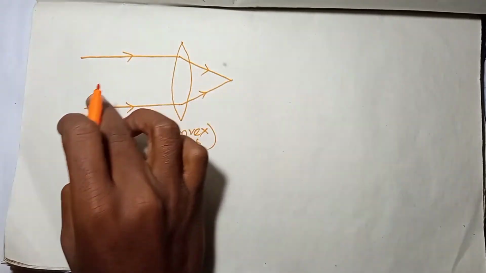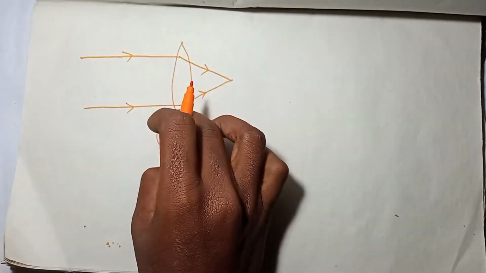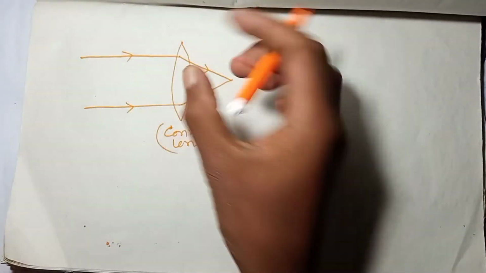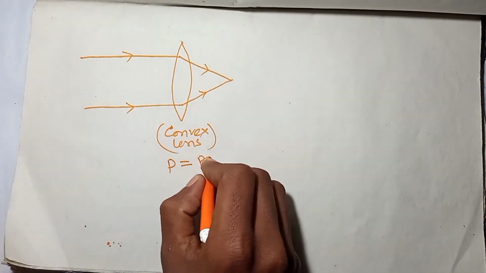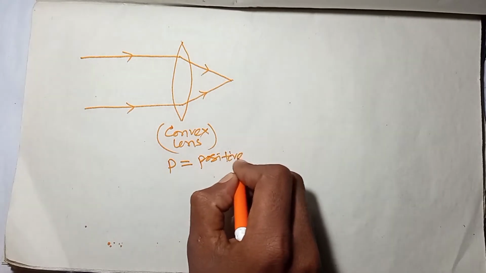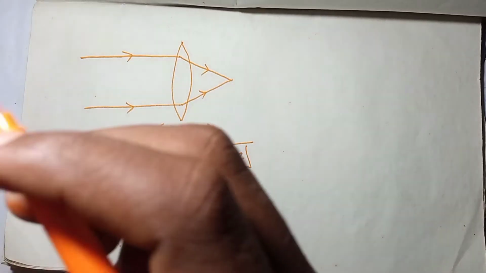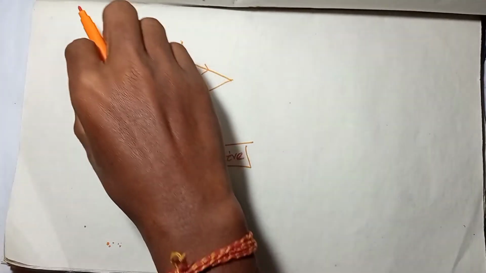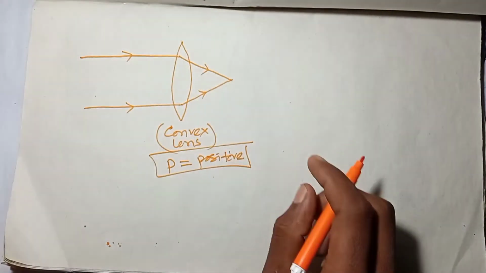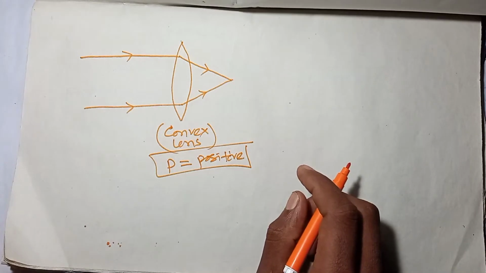These are the parallel incident rays and this device converges them. So its power will be positive, as we have already said that if the optical device converges the rays which are coming parallel to the principal axis, then its power will be said to be positive.